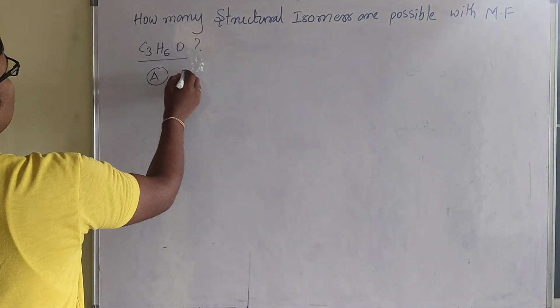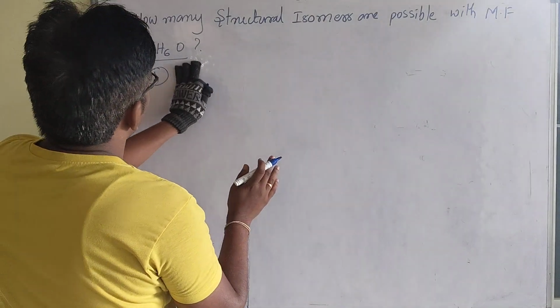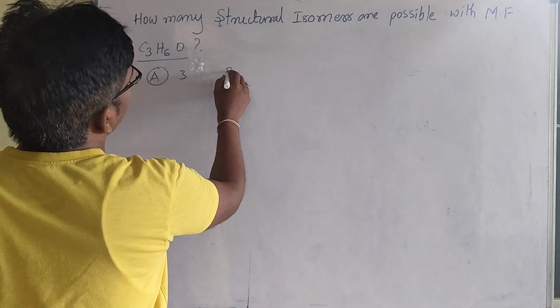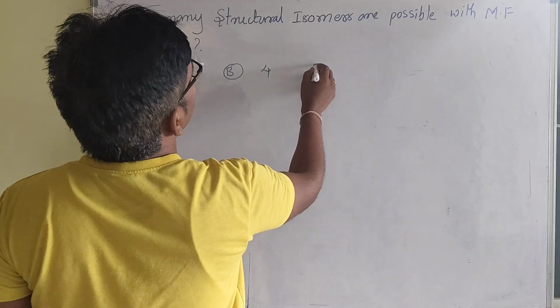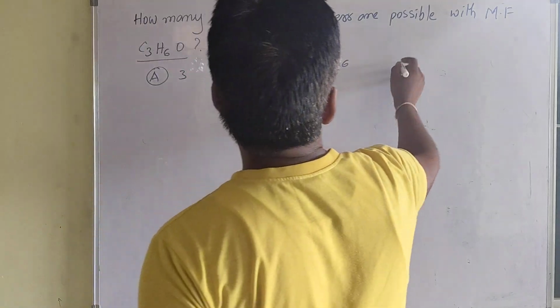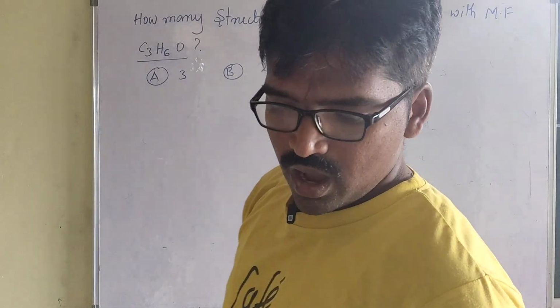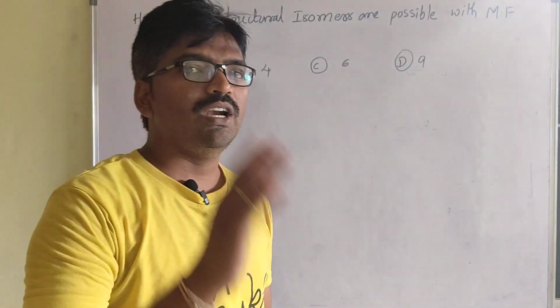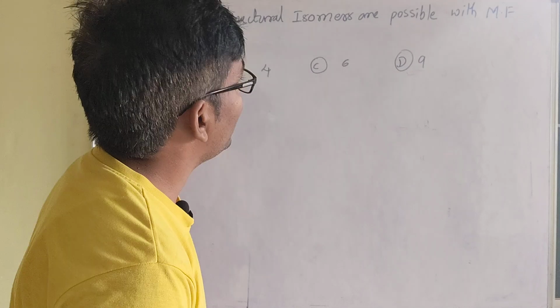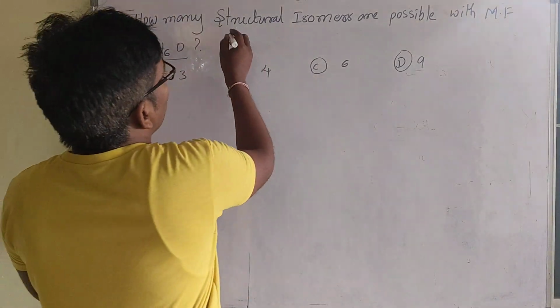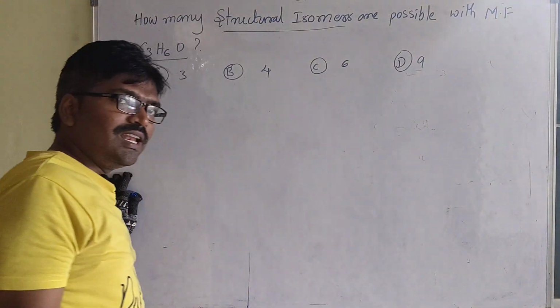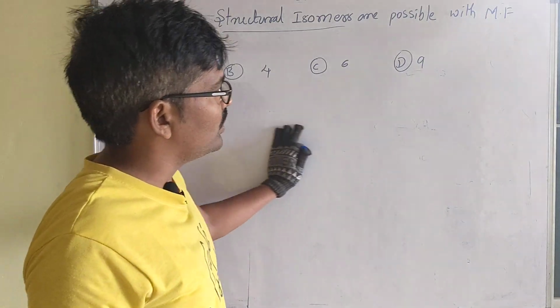The options given are 3, 4, 6, 9. How many are possible? See now. How many structural isomers are possible? Total isomers, open chain as well as closed chain. All isomers we have to see.